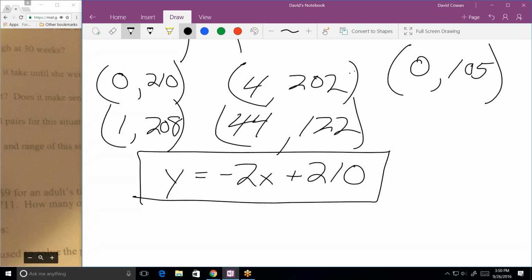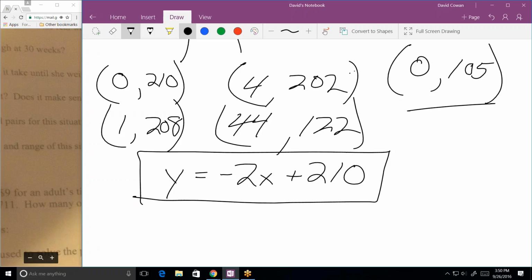But when they talk about domain for this situation, these really are the only two numbers that make sense. The 0 is when she starts the diet, and 105 weeks would be the absolute maximum she'd be on the diet. She'd die after that.